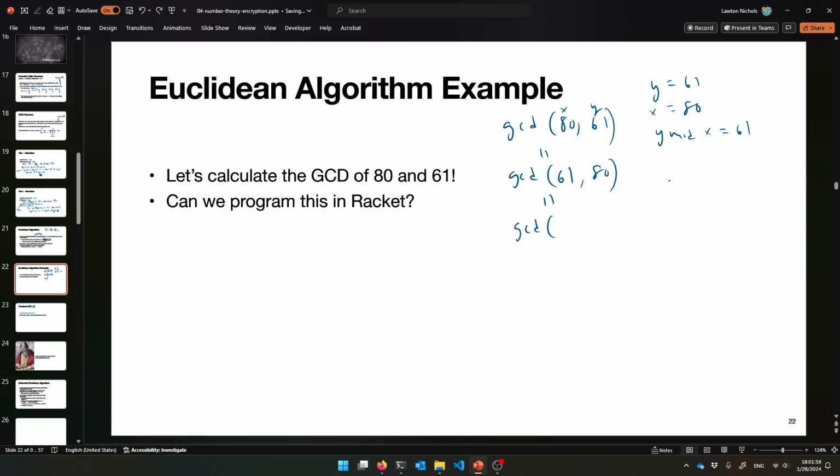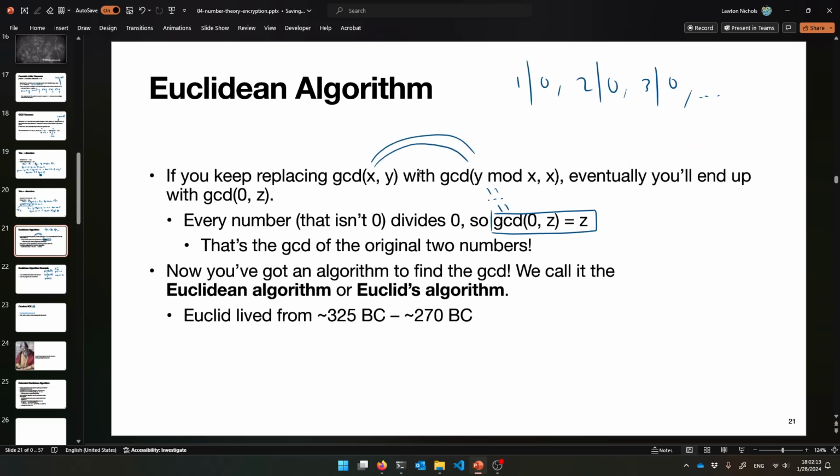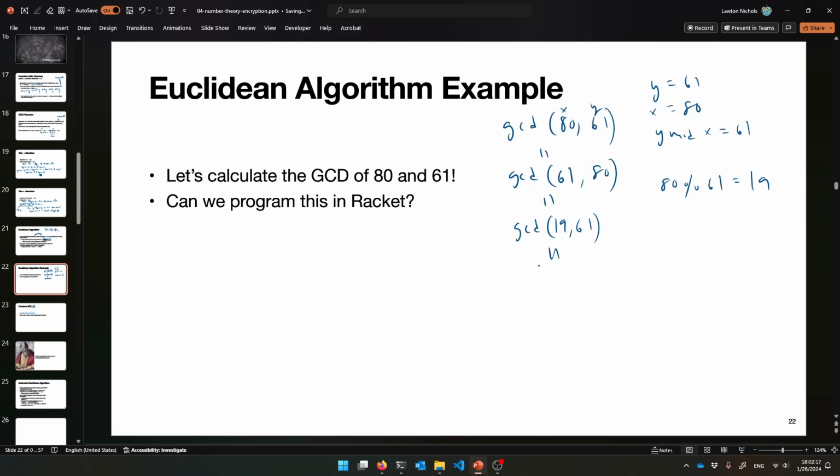That goes in 1 time with 19 left over. So that becomes the GCD of 19 and then 61. See how I'm replacing stuff? And that is now x and y, and we'll replace that with the GCD of y mod x and x all over again.